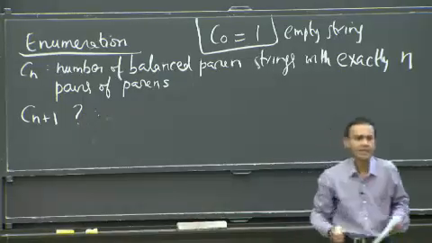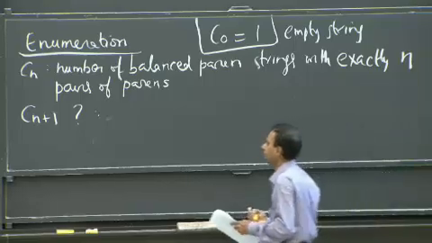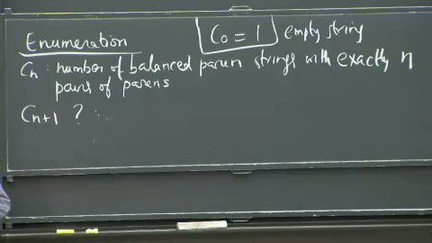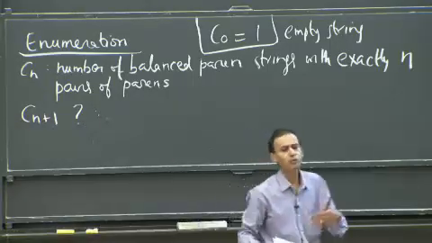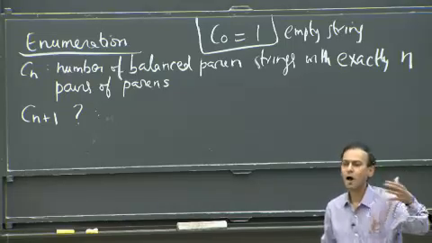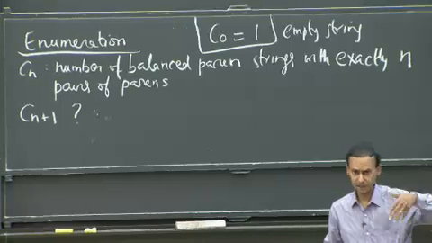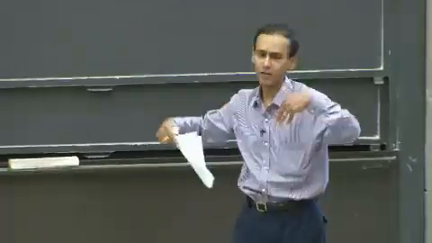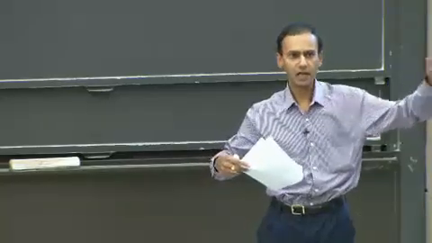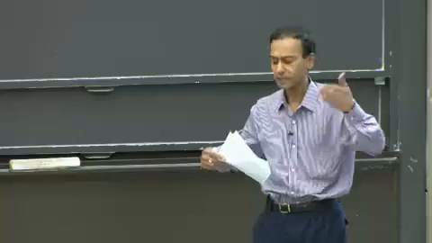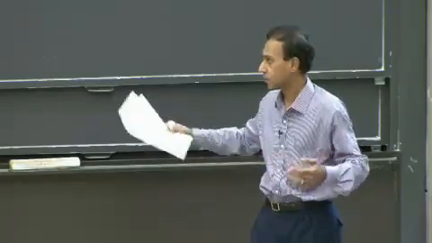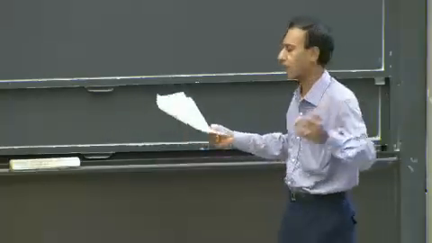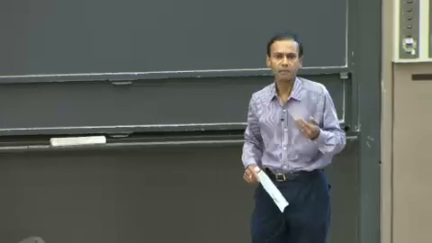And I need to use the fact that I can get Cn plus 1, a particular string that belongs to this set where I have n plus 1 parentheses, in a unique way from a string I've previously generated that was part of either the set that had n parentheses, or it was combined using strings where alpha was in some set that was maybe generated a while back with a small n, or something that's significantly smaller than n, and another thing that was generated, a beta that was generated later or maybe at the same time, etc. So can someone tell me what an equation would be for Cn plus 1 based on the Ci's that are less than n?